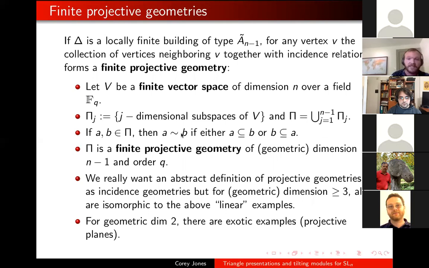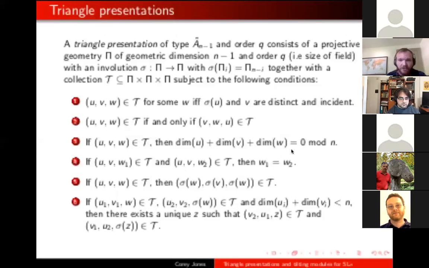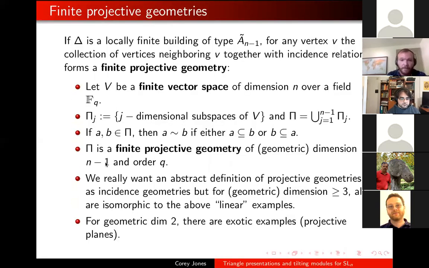A is incident with B if either A is contained in B or B is contained in A. And this set π, together with that incidence relation, is an example of a finite projective geometry whose geometric dimension is n minus 1, which is 1 less than this n. And the order of the geometry is q, which is the order of the field that the vector space goes over.